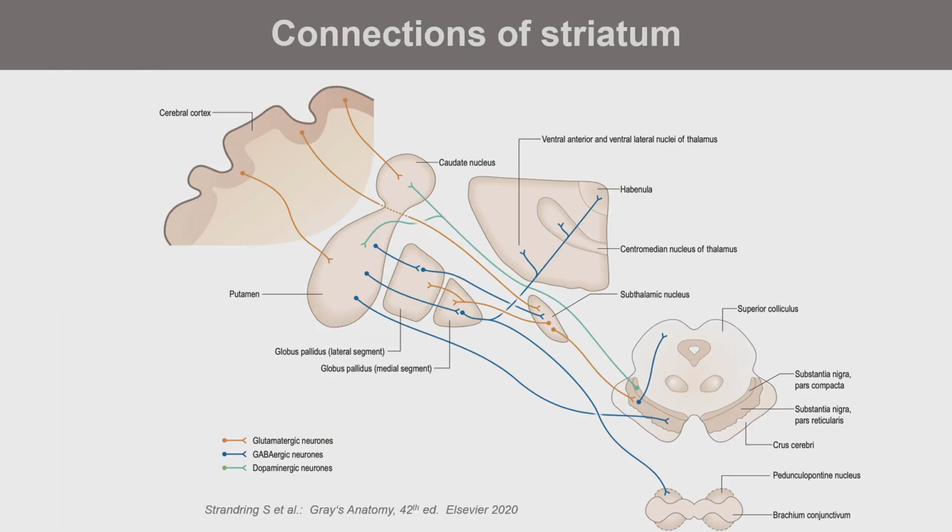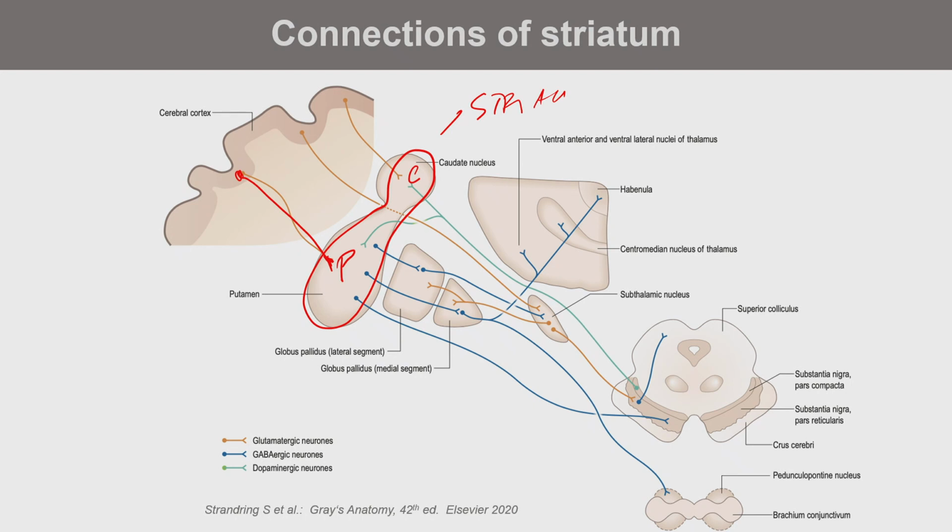The real relay of a striatum is seen here. Also a complicated schema. This is the striatum, caudate, putamen. And the yellow ones are glutamatergic, glutamate-using connections. And here you can see a relay to putamen. So it is exciting.